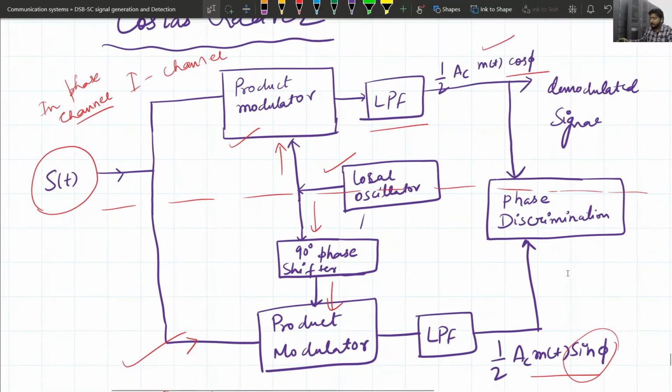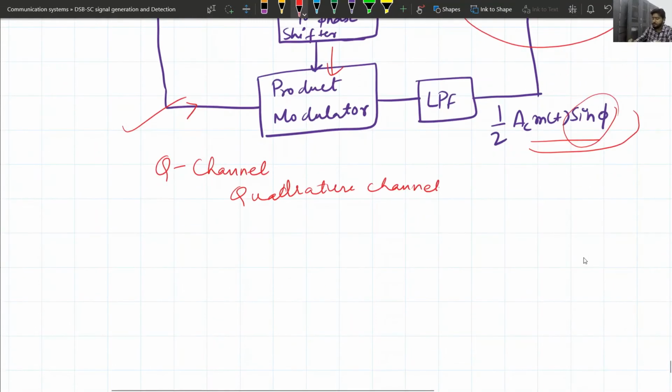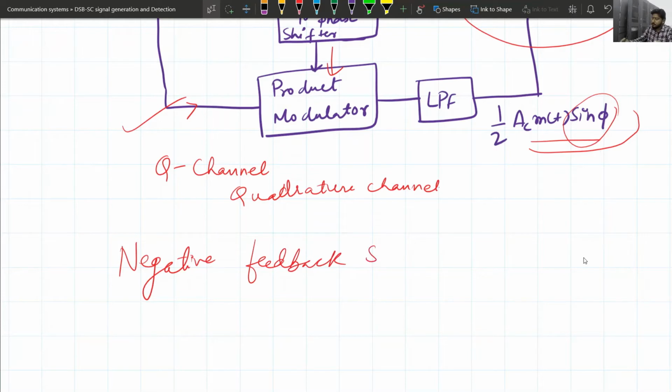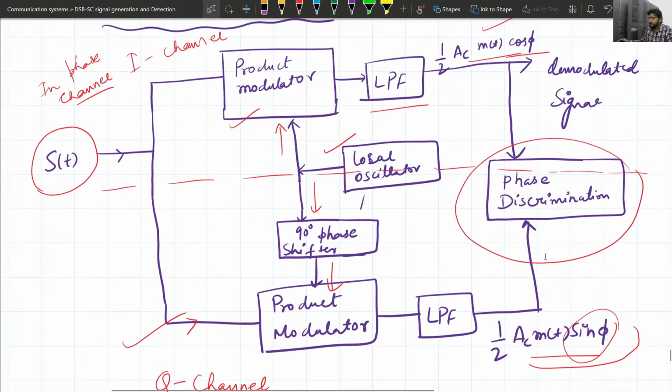And what is happening? We are applying both these outputs to a feedback system, or the negative feedback system, which is called phase discrimination. This is a negative feedback system.